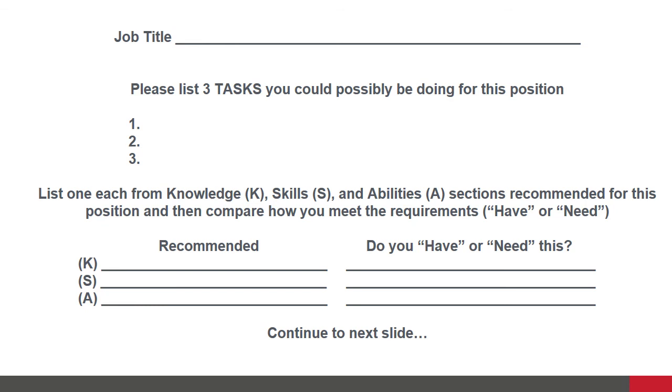Then, in the area of knowledge, skills, and abilities, we'd like you to select one. So when it comes to, let's say, a skill, write the skill down. And then let us know, do you have that skill or do you need that skill? And then do the same for the knowledge and ability section. Sound good? All right, let's go on to the next slide.